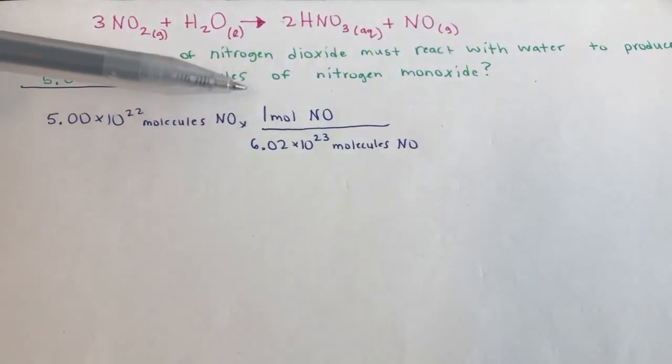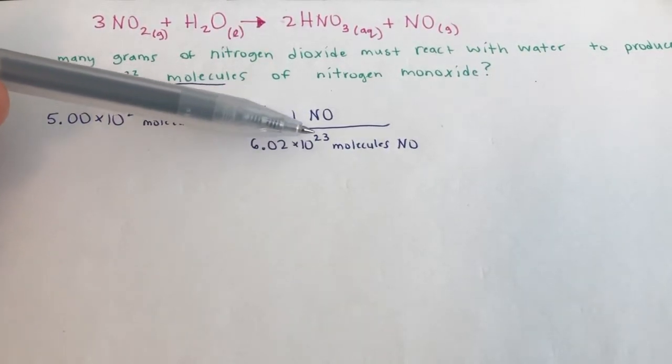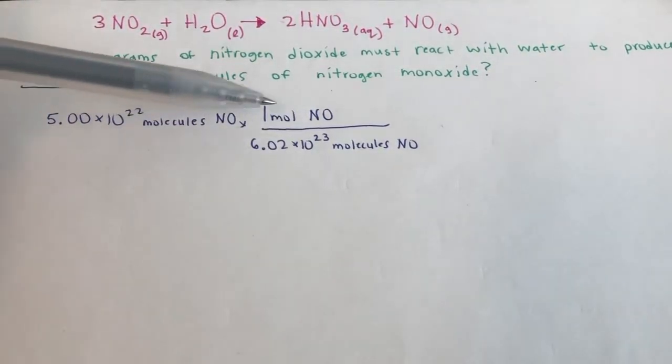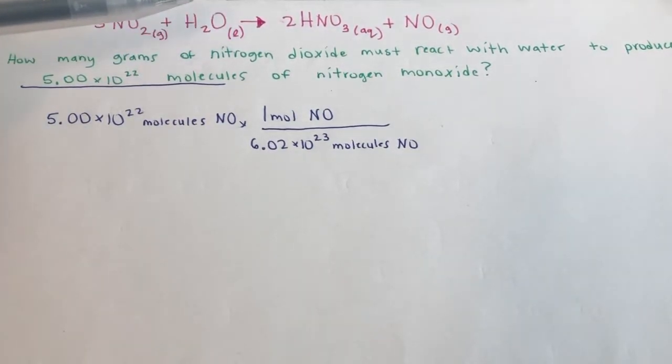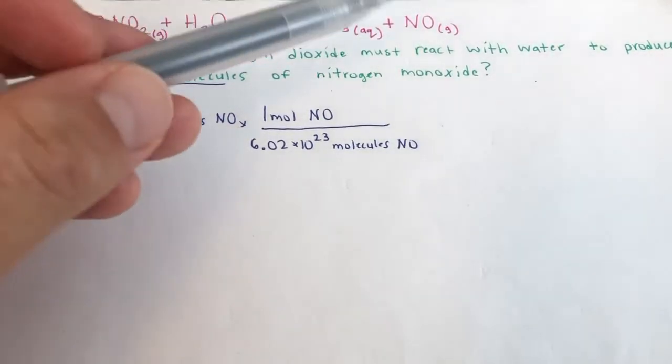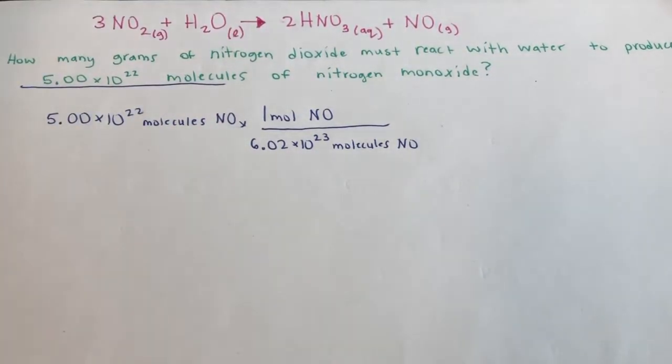You'll always be able to use this to go from molecules to moles. There's this many molecules in 1 mole. So right now we're in moles of NO. And we were trying to get to grams of nitrogen dioxide.